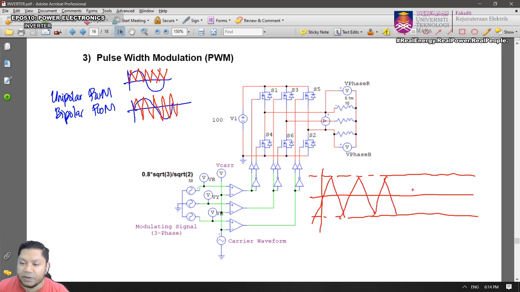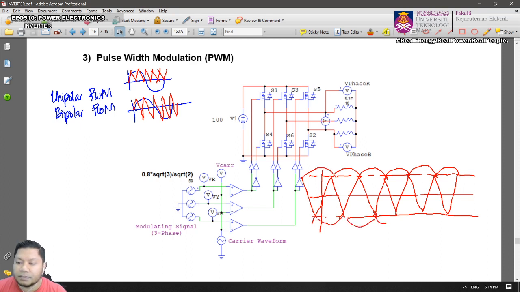You must know how to draw the three-phase voltage, right? Extend to the negative cycle. So then you connect the tips of the triangles there. Okay, then you make it bold.